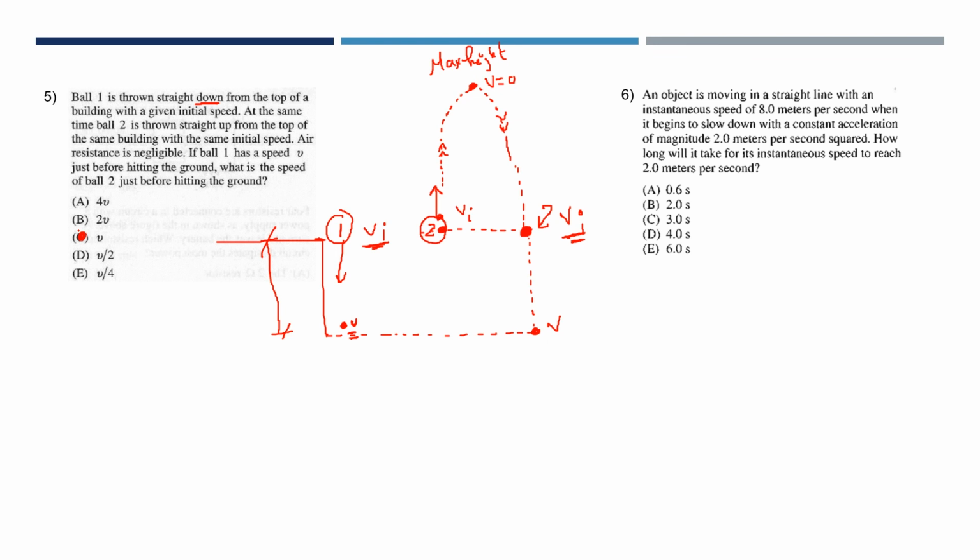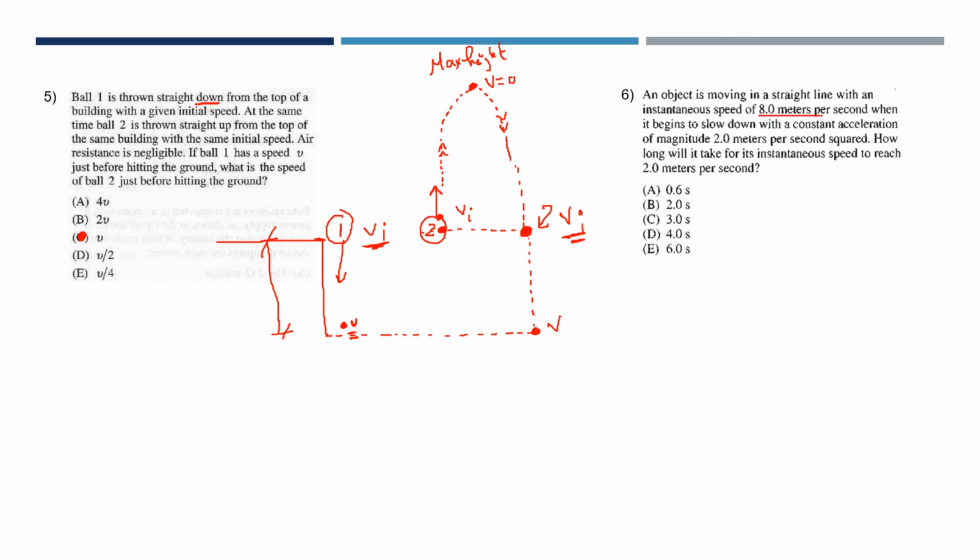Okay, question number 6. An object is moving in a straight line with an instantaneous speed of 8 meters per second when it begins to slow down with a constant acceleration of 2 meters per second squared. How long will it take for the instantaneous speed to reach 2 meters per second?